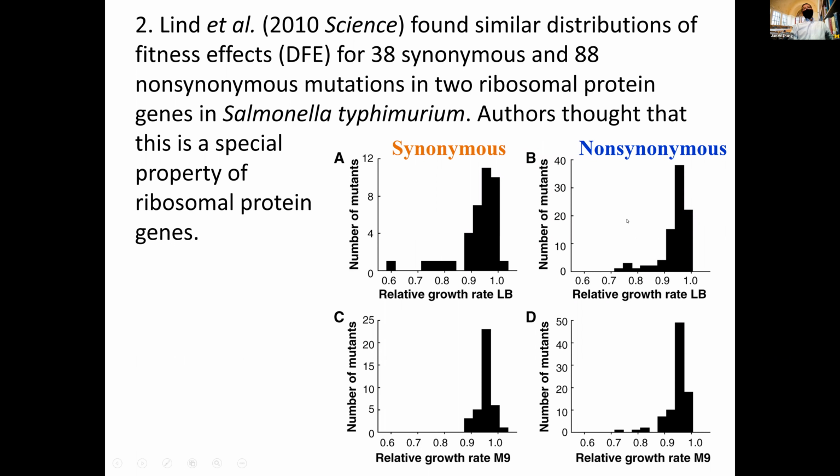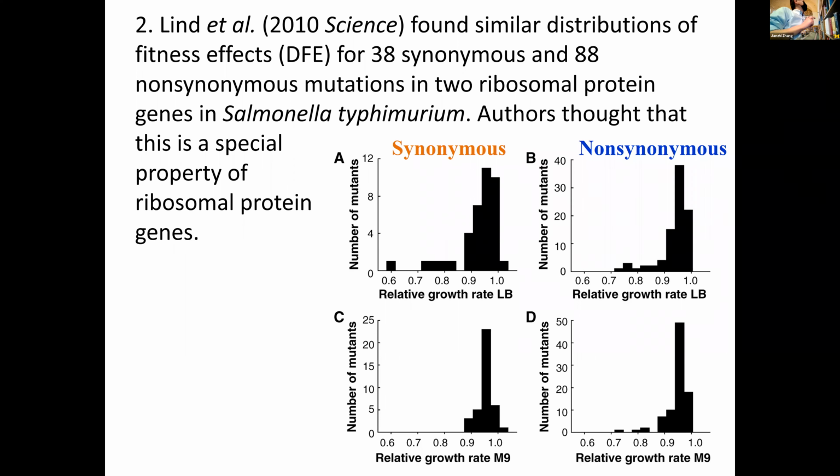You can see here the two distributions, synonymous and non-synonymous. The two distributions are very similar, and actually not significantly different. The top panels are in LB, the lower panels are in M9, a different medium. In both cases, there's no significant difference in the distribution of fitness effects between synonymous and non-synonymous mutations.